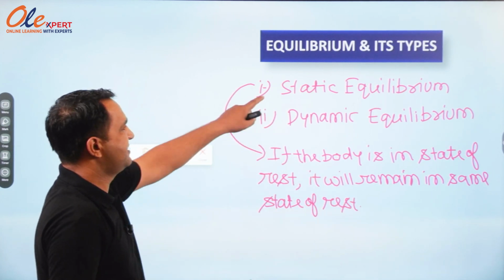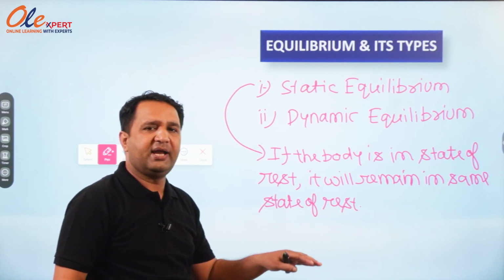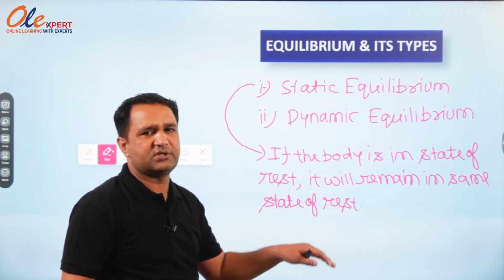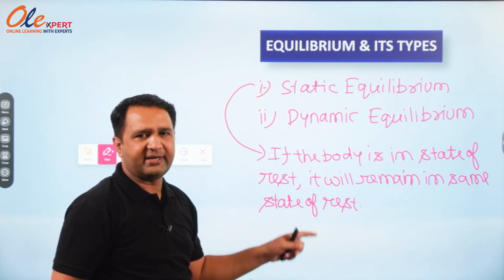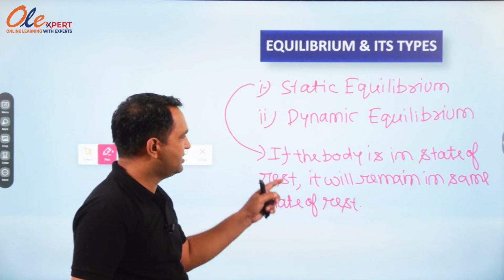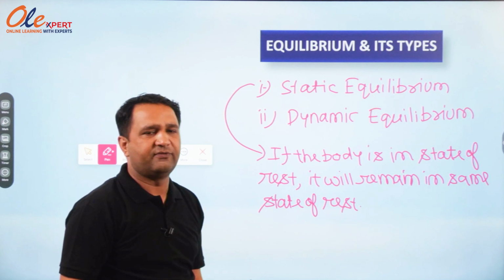In a static equilibrium, though many forces are acting on the body, the algebraic sum of all the forces is equal to 0. What does it mean? The net force acting on the body is 0. Hence, the body will remain in its original state, in whichever state it was.